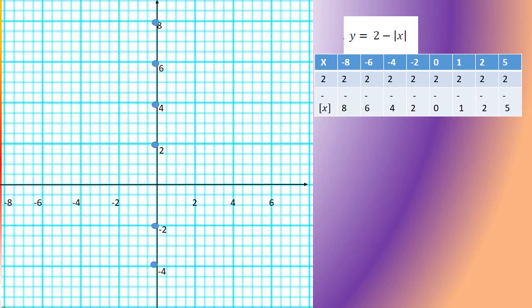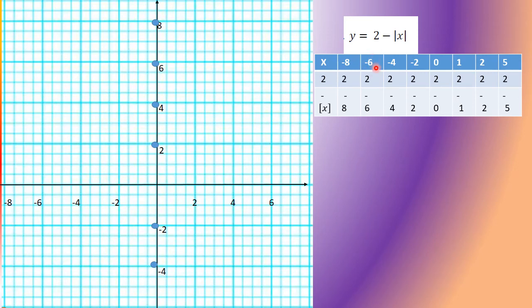So what I did, when I prepared the table, I first wrote 2 and from that 2, I have subtracted the modulus of the x coordinate. X coordinate is minus 8. The modulus of minus 8 is plus 8. So from 2 I subtracted plus 8.